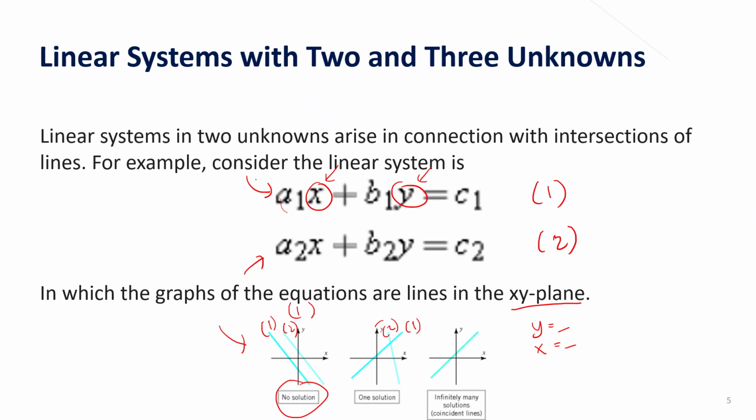And the third possible outcome is this one: when both lines intersect at all of their points, meaning these two are actually coincident lines. They are equal lines that have intersections at all of those points, which means it is also the same line.